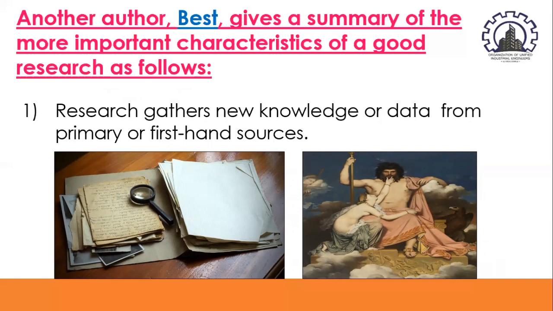Now, it starts with a problem, then collects data or facts, analyzes these critically, and reaches decisions based on actual evidence. Okay, so these are usually the steps that we undergo if we conduct a research study.